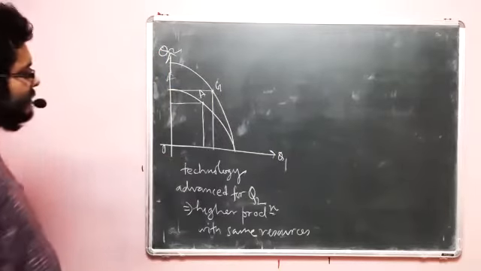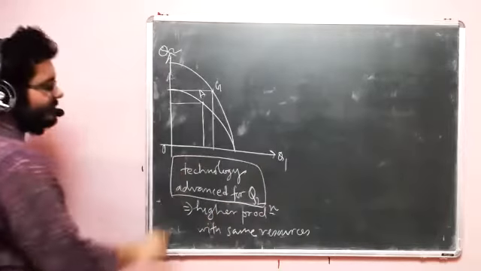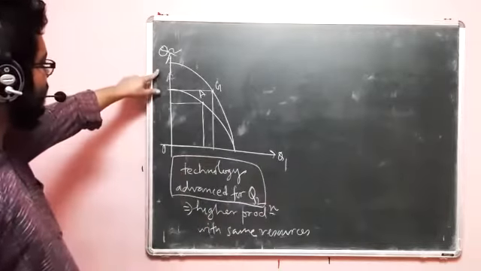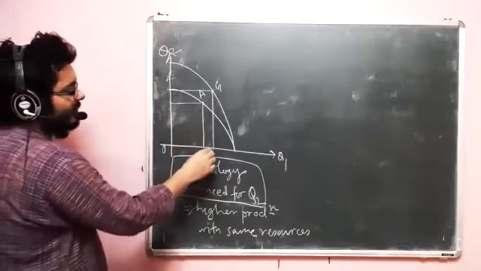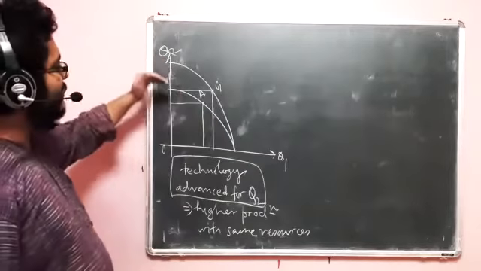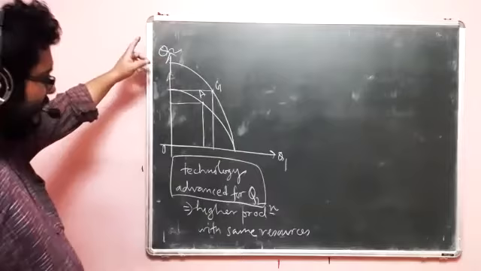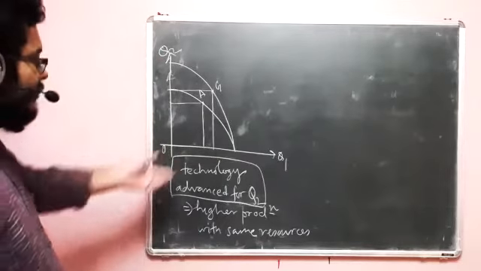So as you have technological advancement in one sector, that is the sector of the second commodity, that doesn't mean that in the end you cannot have higher production for good 1. So with the same resources, technological advancement in one industry may lead to higher production of both the goods.